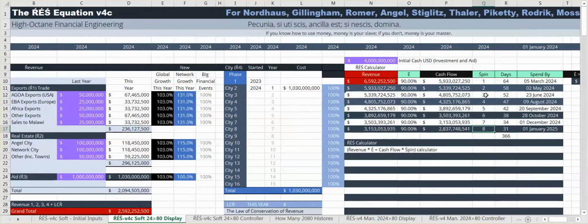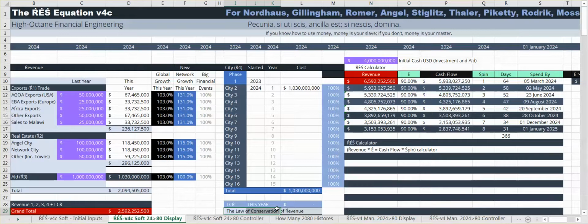This process repeats, this is one of those lost my place points, until the 8th spin, whereafter the balance is transferred to the following year in a process called LCR, the Law of Conservation of Revenue.